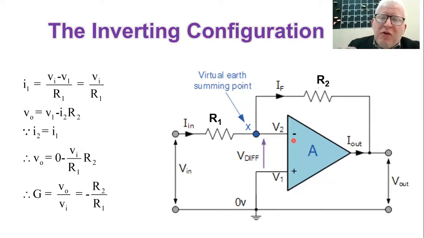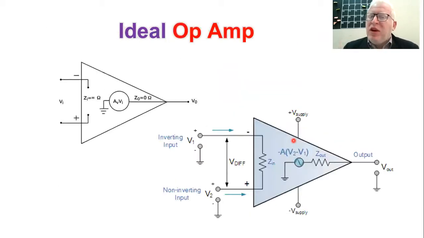Whenever we have this, we have to recheck our 5 assumptions. Again, the first assumption is that input impedance is equal to infinity. It is still equal to infinity, so your input current is still equal to 0. So these 2 assumptions are still valid. Your output resistance is equal to 0.